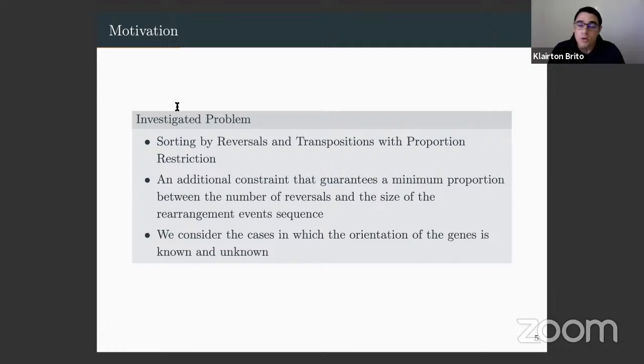And in this problem, we include an additional constraint regarding the minimum proportion between the number of reversals and the size of the rearrangement event sequence used to transform a genome into another. We consider in this study the case where we know the orientation of the genes and also the case where we don't know the orientation of the genes.